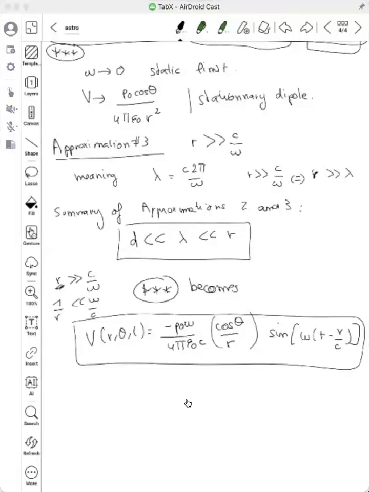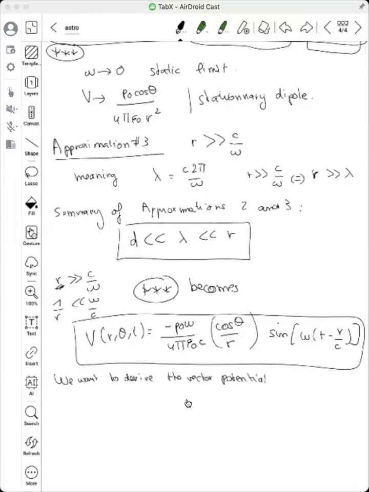Okay, so let's continue from where we stopped, and now we want to derive the vector potential A. For this, we're going to take a similar approach to what we did before.